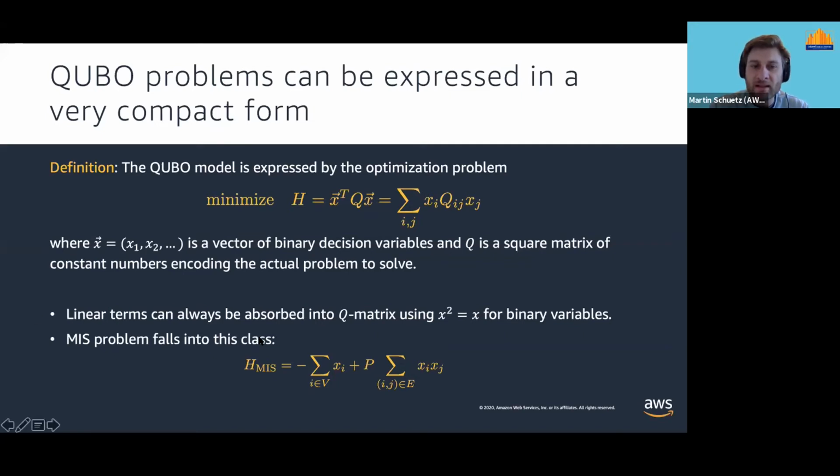Again, if we consider the example we've looked at before, the maximum independent set that we wrote as shown here, this is a quadratic Hamiltonian, quadratic in the binary decision variables, so something that falls within this broader framework of QUBO problems.